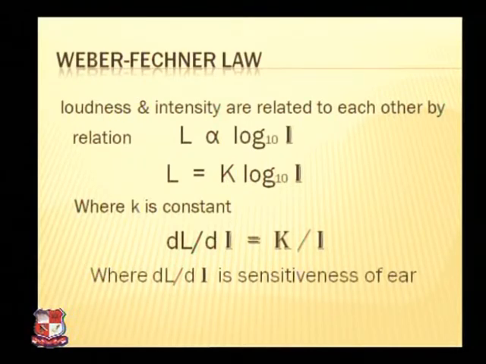When you differentiate loudness with respect to intensity, the equation becomes dL/dI equal to k/I. Here dL/dI represents the sensitiveness of ear, which according to the equation is inversely proportional to I. dL/dI equals k upon I, which represents the sensitiveness of ear, the loudness as well as Weber-Fechner's law. Weber-Fechner's law can also be asked in 1 mark or 2 marks.